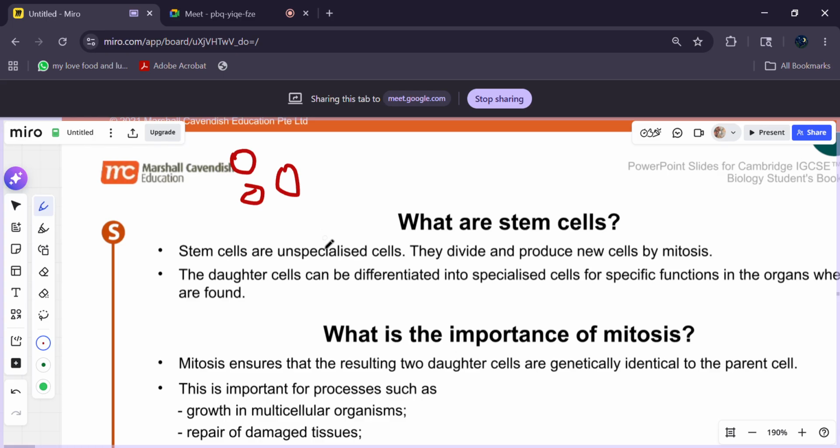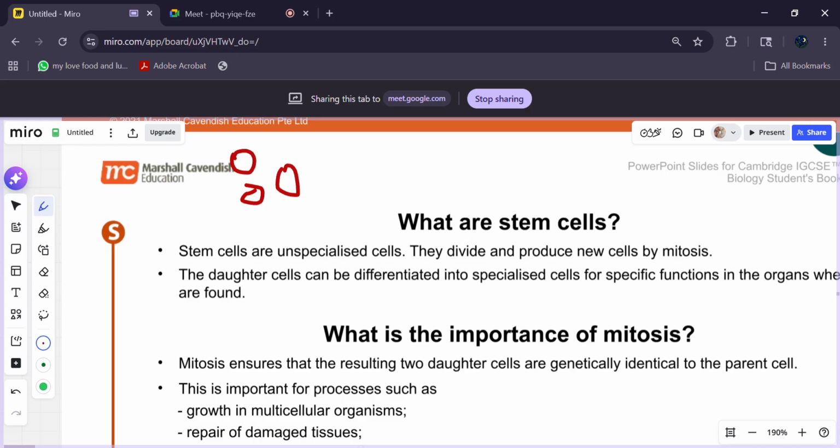Stem cells are basically cells that can help replace specialized cells. That means if a cell were to get damaged, stem cells could replace that cell and act as its role. So if a person were to donate part of his or her liver, a stem cell could help regenerate that part that has been donated.